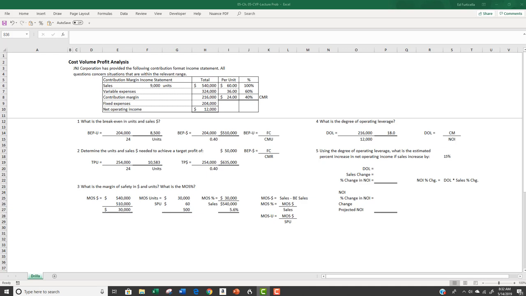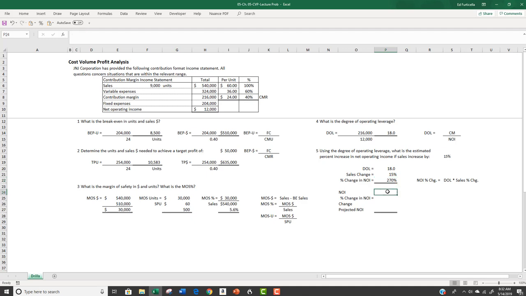If sales were projected to increase by 15%, then the expected change in net operating income would be determined by multiplying the degree of operating leverage of 18 by 15%. The percent change would be 270%.